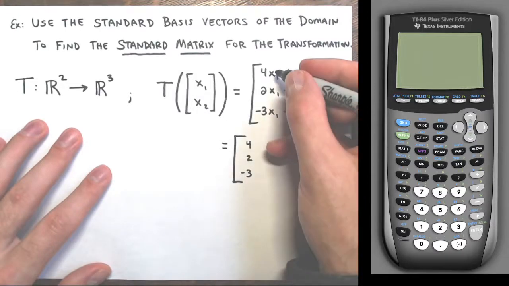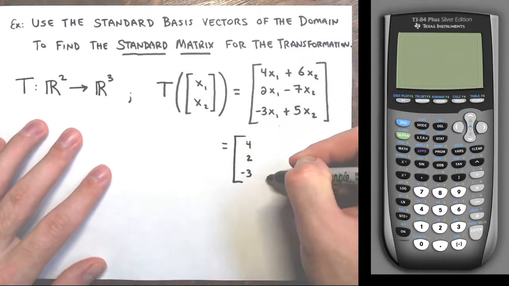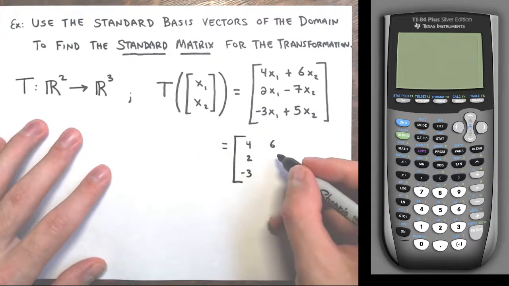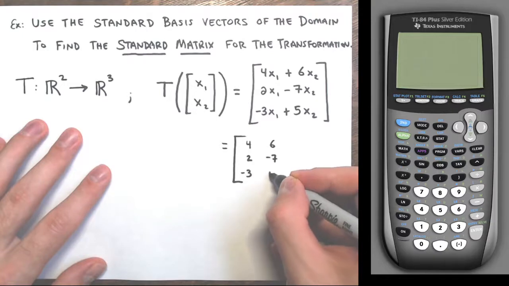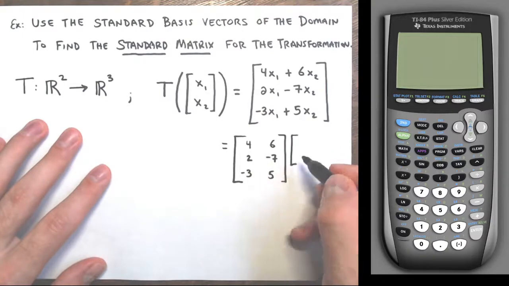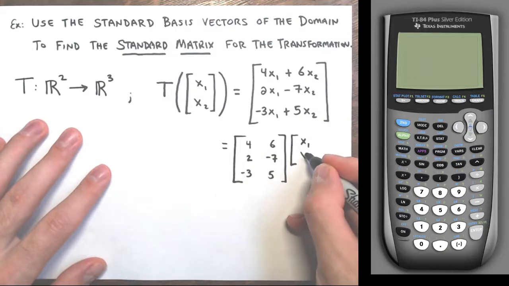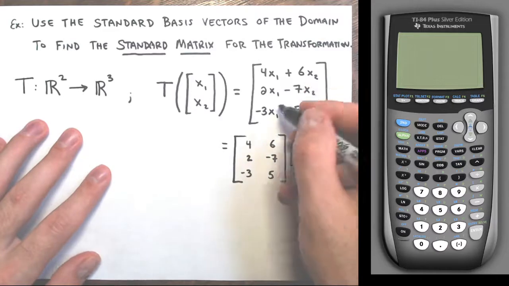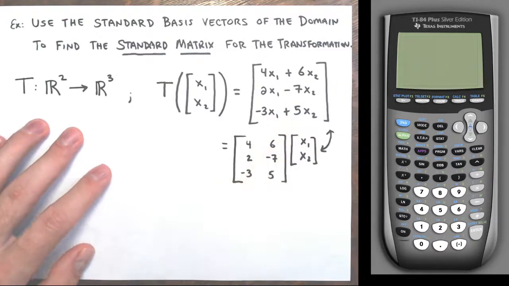Then down the second column, the coefficients of x2: 6, negative 7, and 5. This matrix multiplied by the input vector x1, x2 gives me the exact same output described up top.